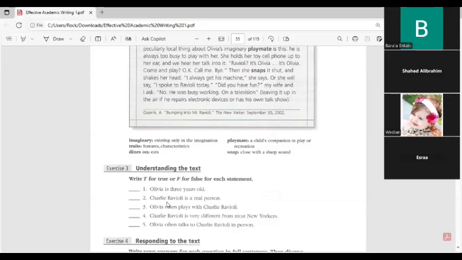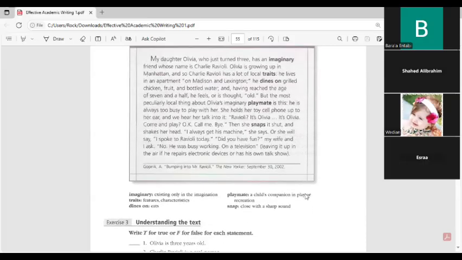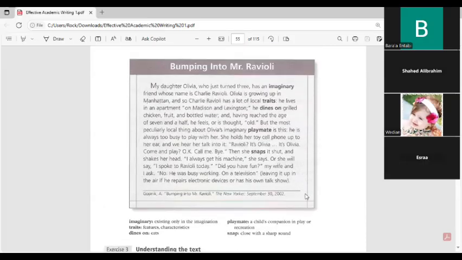Number 4. Charlie Ravioli is very different from most New Yorkers. I think this is not mentioned.